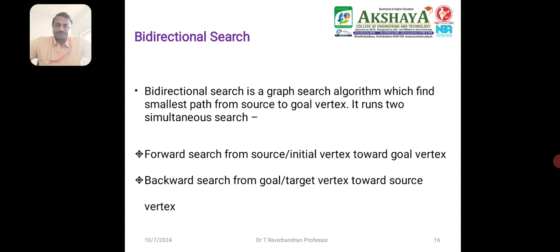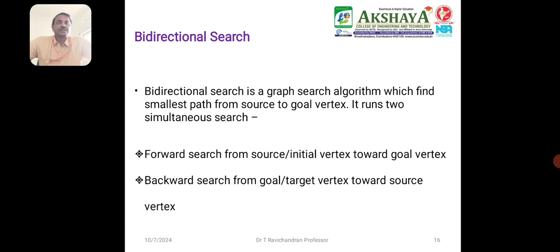Bidirectional search. The bidirectional search is a graph search algorithm to find the shortest path from the source to the goal vertex by running two searches simultaneously. One goes from the starting node to the goal node, and another from the goal node to the starting node, until the two searches meet.